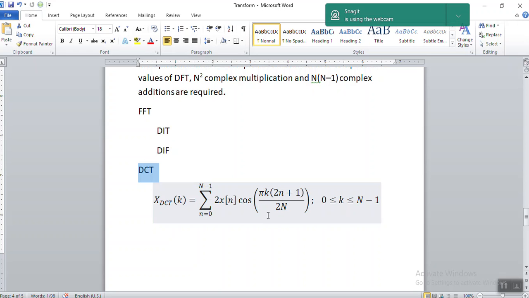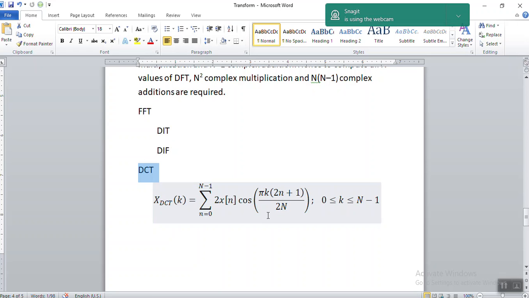And third, the DCT can be computed efficiently using fast algorithms like FFT. As a result, the DCT is used extensively in signal processing and particularly in image and audio processing and image and audio compression.